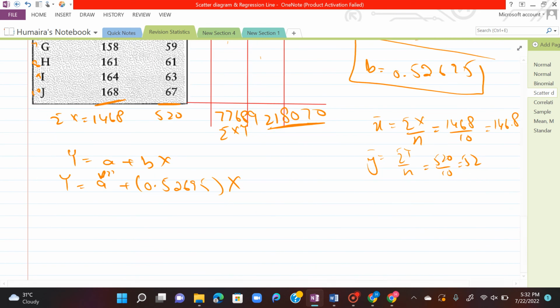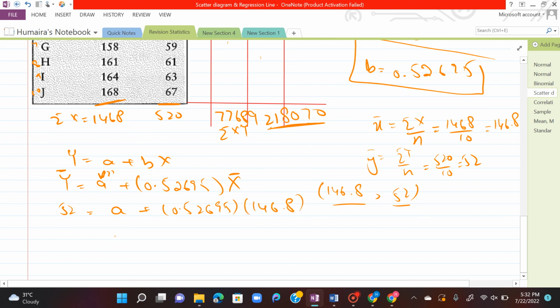So now the mean value is just like a point, right? So it's 146.8 and 52. These coordinates I will plug in over here. So this is 52. A I don't know, b I have now 0.52695, x is now equivalent to what? X bar. These points I will put over here and then put everything in the calculator.